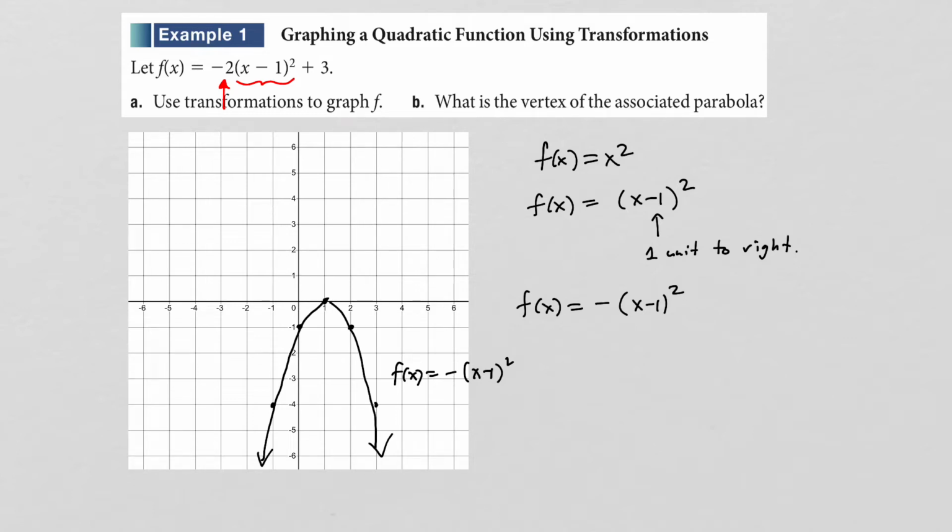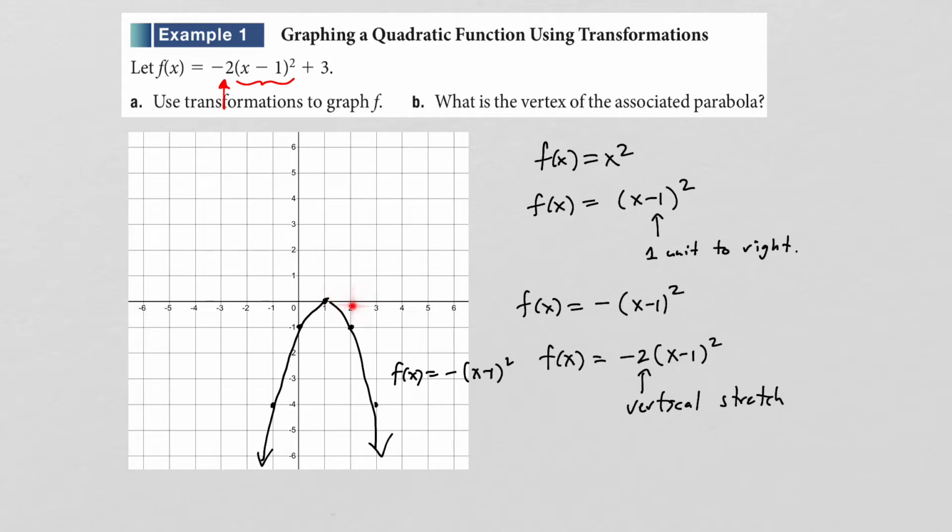So then the next thing we want to understand is, well, what does the 2 do? So instead of having negative, we have negative 2 times (x minus 1) squared. Well, the 2 does a vertical stretch. So what that means is all the y values are going to be twice as tall as they appear now.